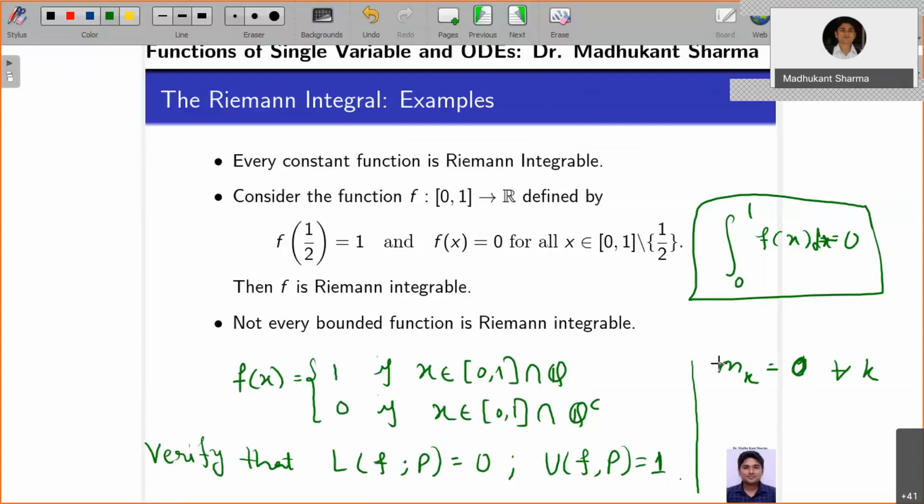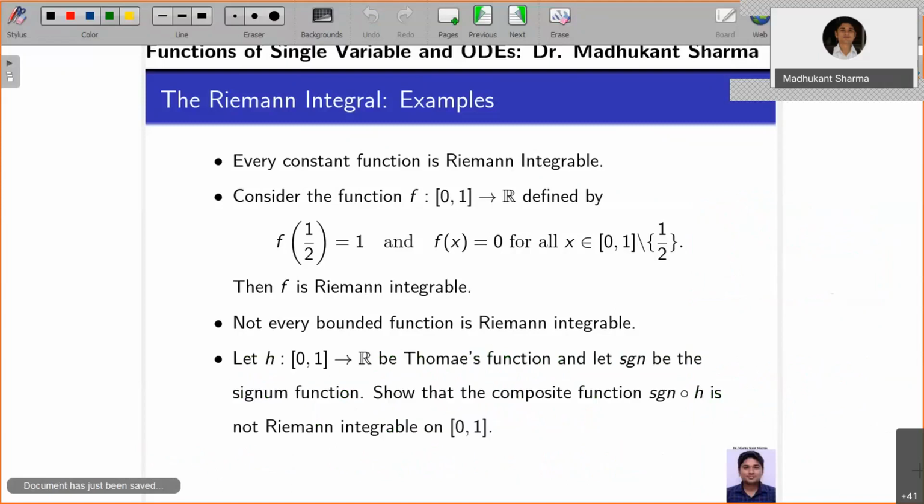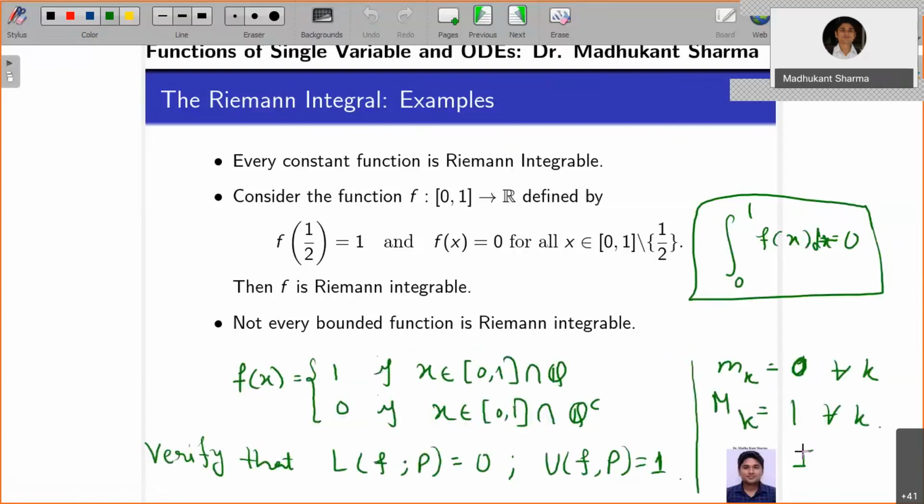So for each k, m1 if you take or m2 you take, that value is 0. Similarly, you can show that capital Mk is going to be 1 for all k, because between any two real numbers there is always an irrational number. You take any subinterval Ik.